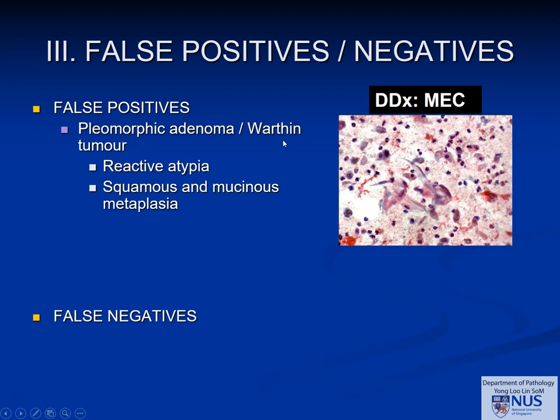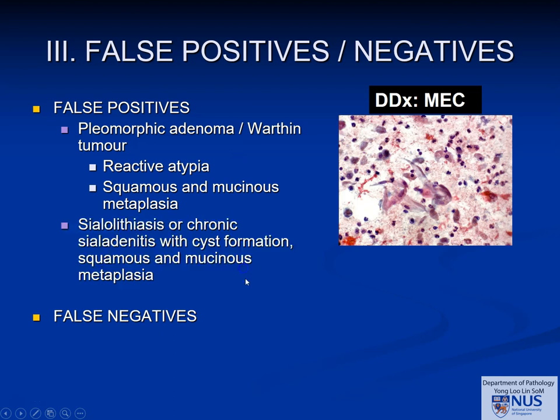So do beware of that and always look actively for these degenerate cells, even in obvious cases of Warthin tumor, just to have a good appreciation of the range of appearances. Of course, you can also have reactive, benign inflammatory conditions with squamous or mucinous metaplasia that can be mistaken for mucoepidermoid carcinoma. So if you're not sure, you can put this into the AUS category.